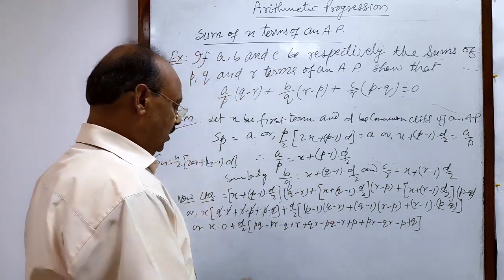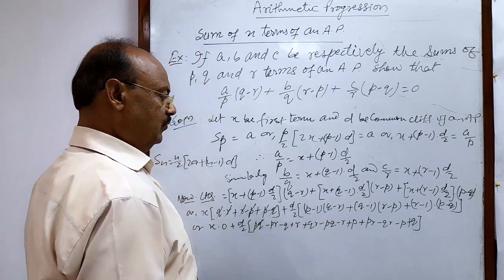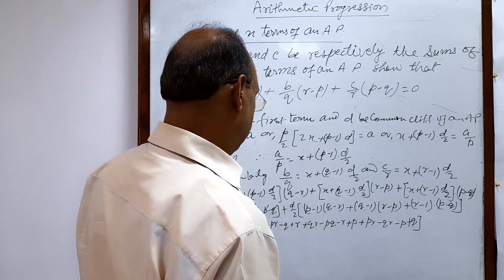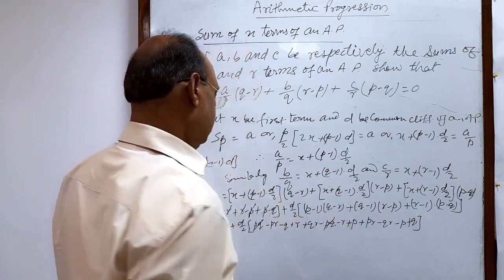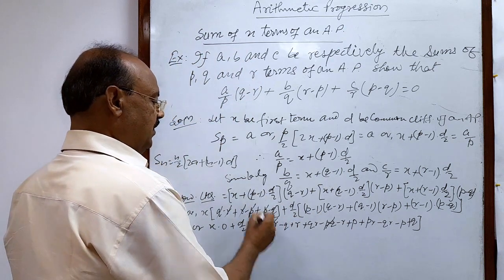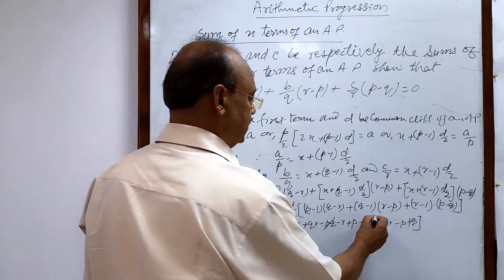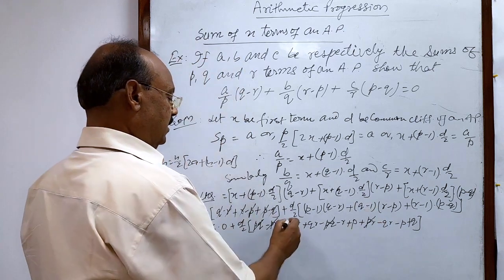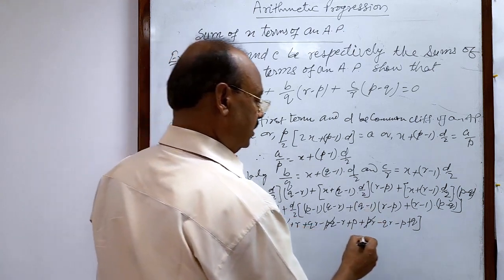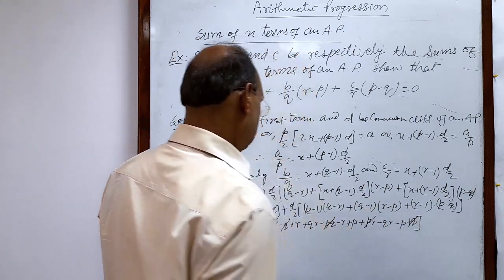You check, pq plus pq is here, okay? Where is minus pq? This is minus pq, cancel out. Here minus pr, you see plus pr is here, cancel out. Here minus q, and here plus q will be cancel out.